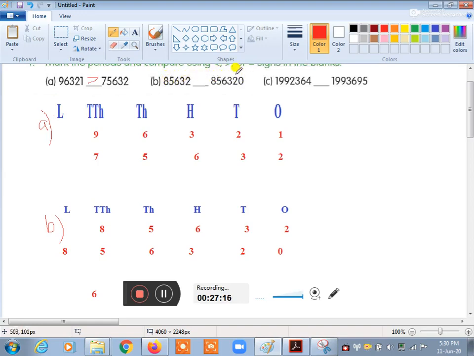So 5 digit number, 6 digit number. Which one is greater? Obviously the 6 digit number is greater, as you studied in the comparison first rule. So 85,632 is less than, here we have to put the less than sign. So C bit, do it by yourself, I am giving as a homework.